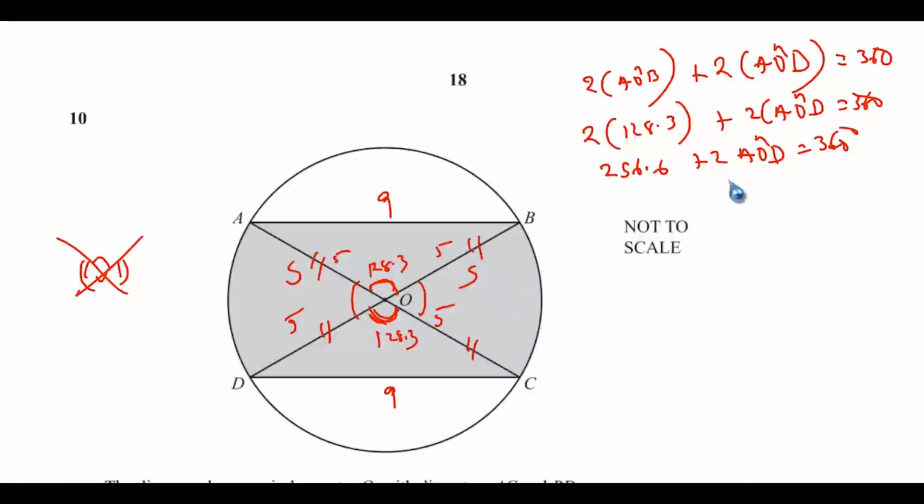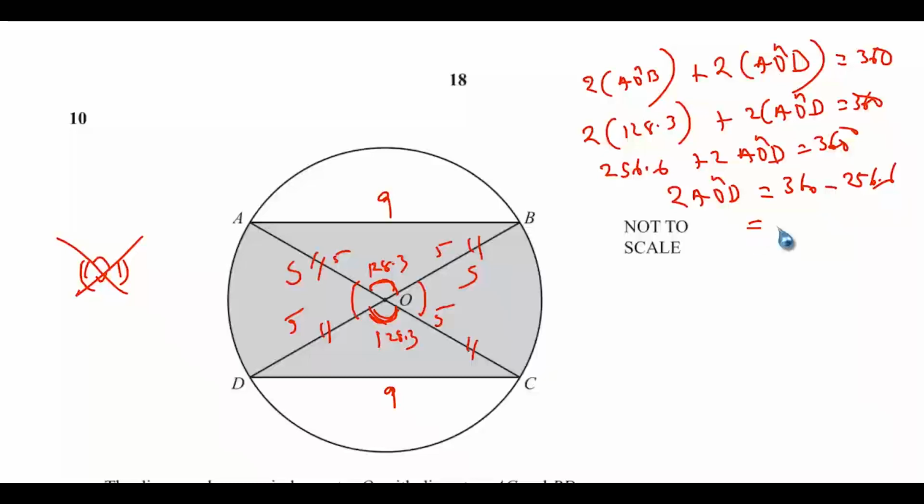So to cut this short, you need to transfer this to the other side and divide both sides by 2. So that means you're going to have 2 AOD equals 360 minus 256.6.